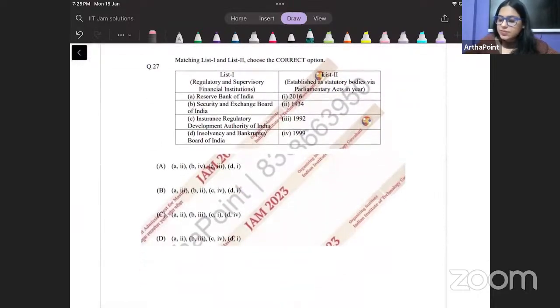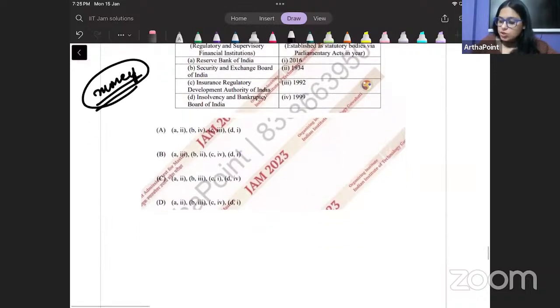So see here, beta. It is important that you remember all the years, which thing came in which year. And if you see, I have mentioned most of them in my lecture on money. Please go ahead and look into that lecture. So the Reserve Bank of India came on 1st of April 1934 through an act.